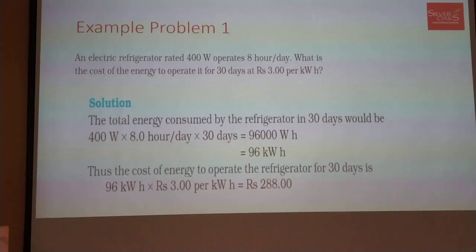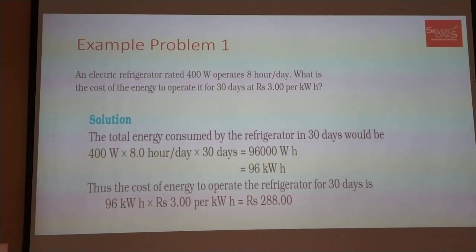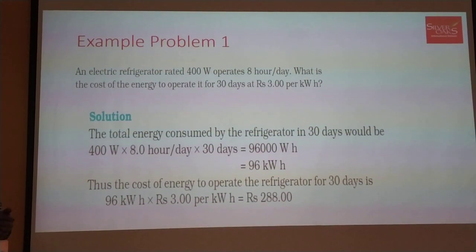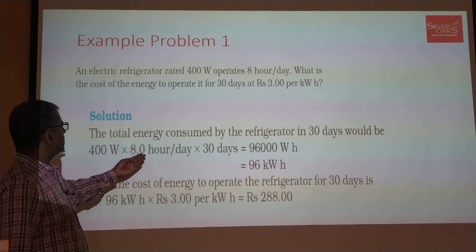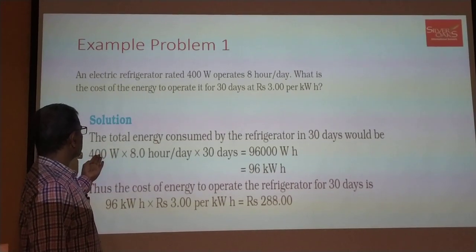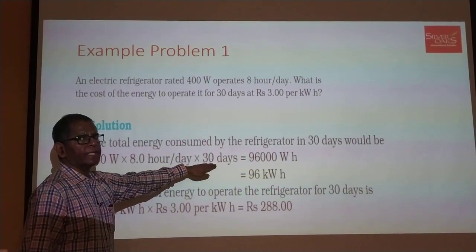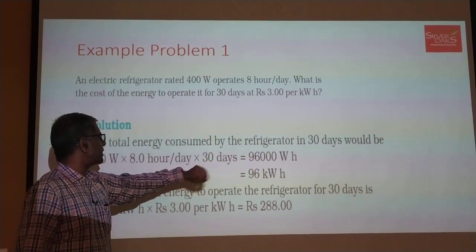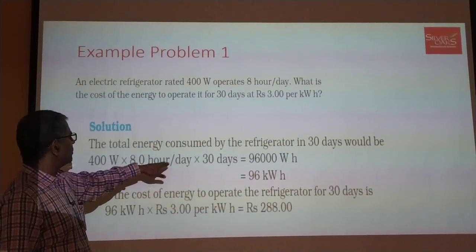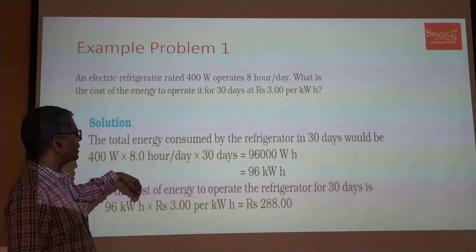So how do you solve this problem? The total energy consumed by the refrigerator in 30 days would be power and the time. So 400 watt, 8 hours per day, into 30 days, because you have to calculate for a month. One month is 30 days, and in 1 day it is on only for 8 hours.